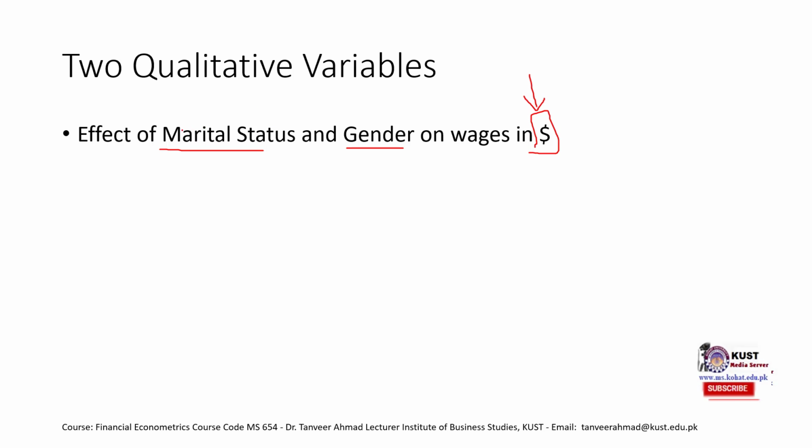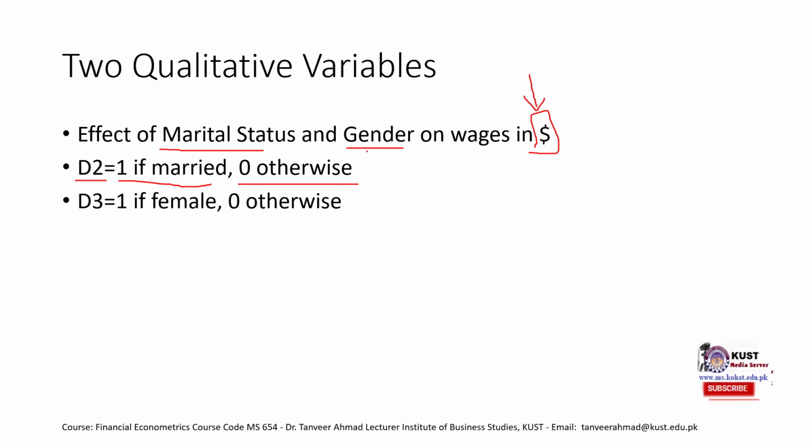So in this case, we have marital status, which we call D2. It would have a value of 1 if an individual is married and 0 otherwise, obviously when the individual is single. Then we have the gender variable, which we would call D3. Remember, whenever we form a dummy, we follow the convention of naming it as a D variable, but that is not necessary.